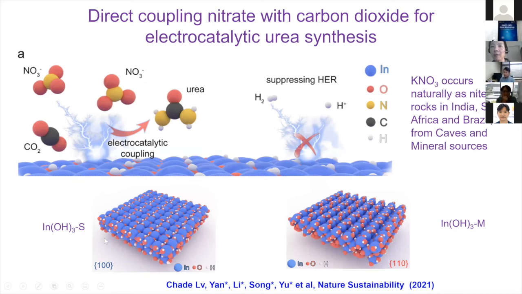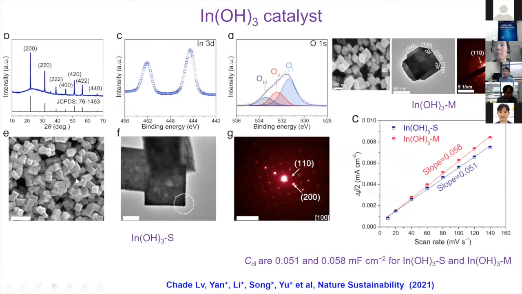One is with a surface of 100 exposure. The other is with some mixture surface of 110 exposure. And this is just a calculation. For the 100 exposure, through XRD and the observation, the cubic structure, they're showing a 100 zone axis.